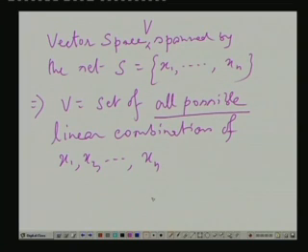Now that means any element x, element of V, can be written as C1 x1 plus and so on.